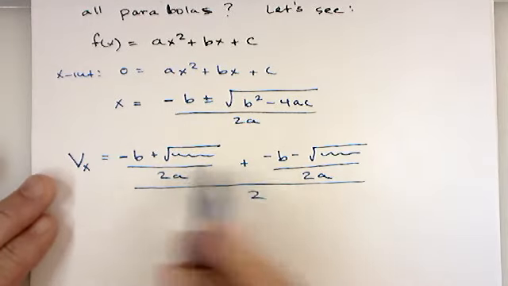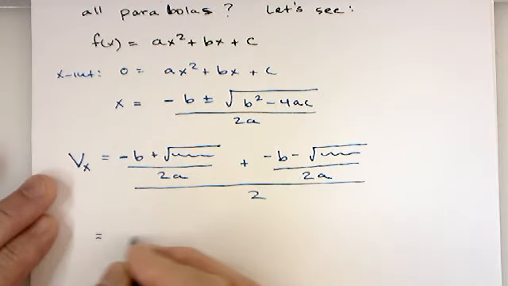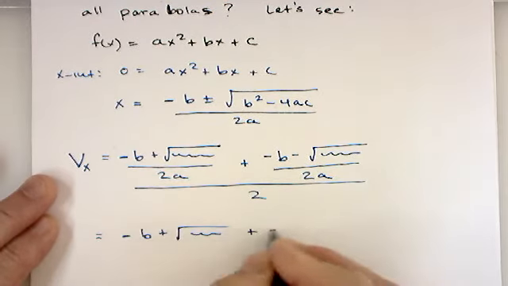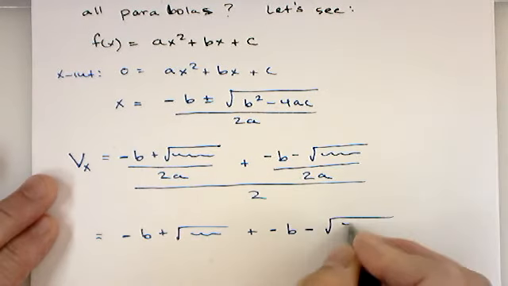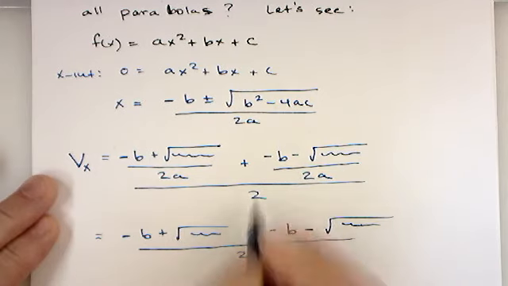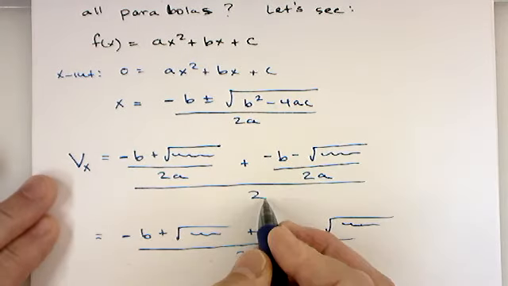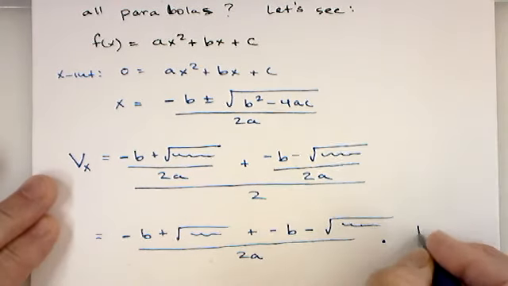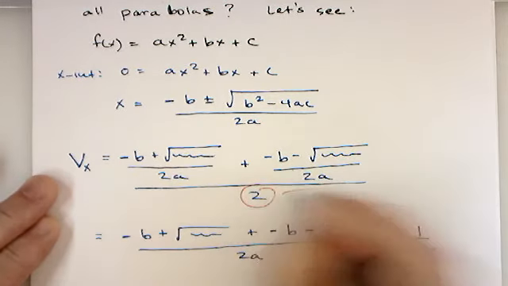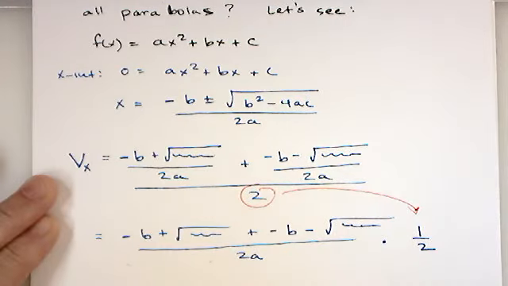Notice that these have the same denominator of 2a, so I could actually combine this. I could make this negative b plus square root of stuff plus negative b minus square root of all this stuff, all divided by 2a. And instead of writing divided by 2, I could always think of all of this as times 1/2, since dividing by 2 is the same as multiplying by 1/2.